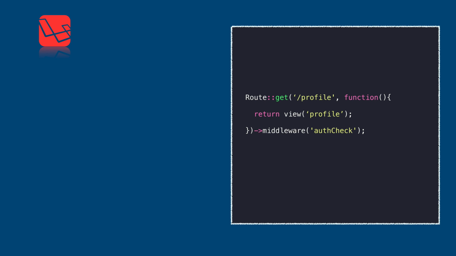Because before coming to this closure function, or before returning the view, the middleware had validated whether the user is valid or not. If the user is not valid, in that case it is going to redirect, or it will not execute the route handler if the user is not authenticated, because the auth check rejected that request, and it does not allow forwarding the request to the route handler. So middleware has the capacity to forward the request to the route handler or return the response from that point only.